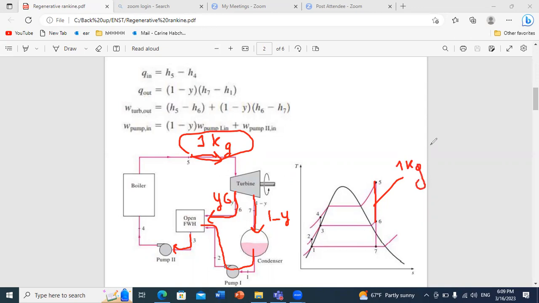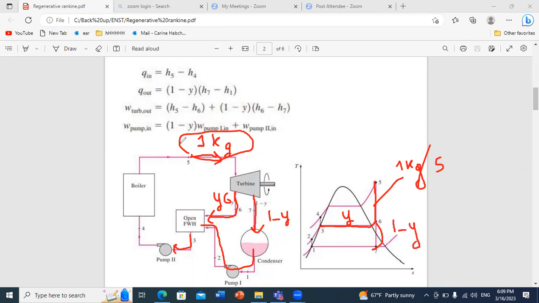However, after this, a part will be extracted and will go to the open feed water heater. The part going to the open feed water heater is equal to Y, while the remaining part will expand until reaching the condenser. So the part that will expand from 6 to 7 is just 1 minus Y.